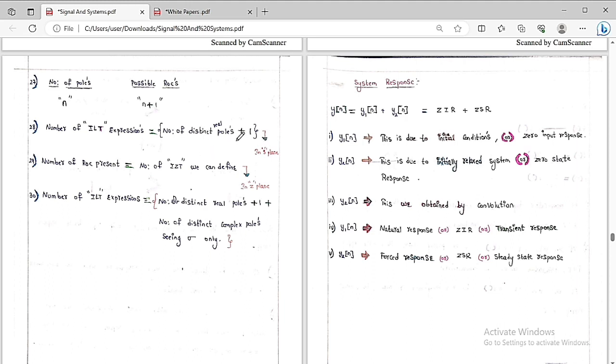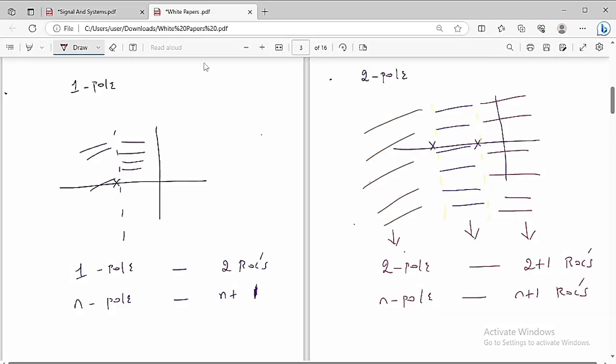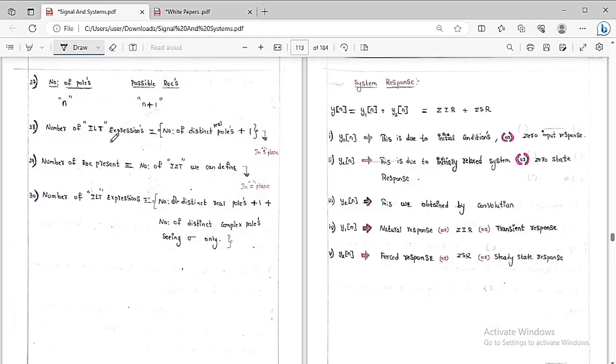Because we need the real poles, not the complex poles. We don't need the complex poles. We need only real poles because we are going to draw the ROCs only from the real poles, right? So the number of inverse Laplace transform expressions is the number of distinct real poles plus 1 in the S plane.